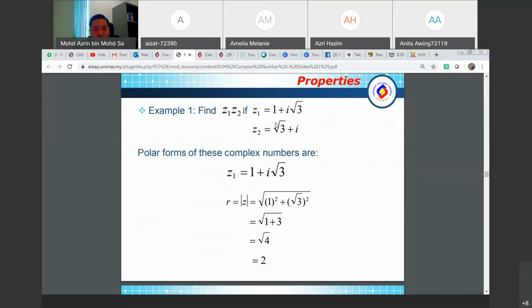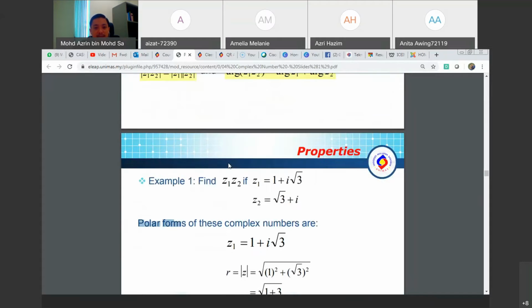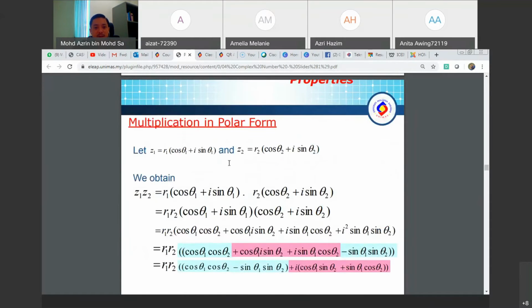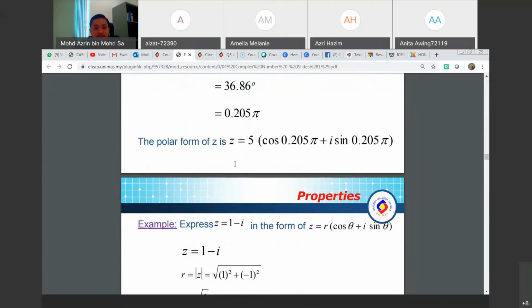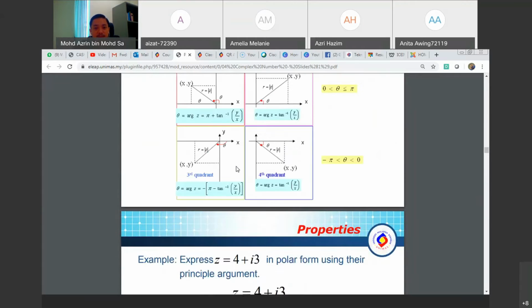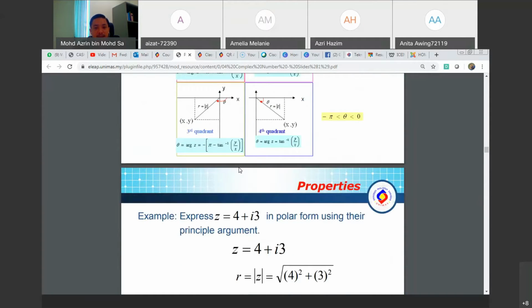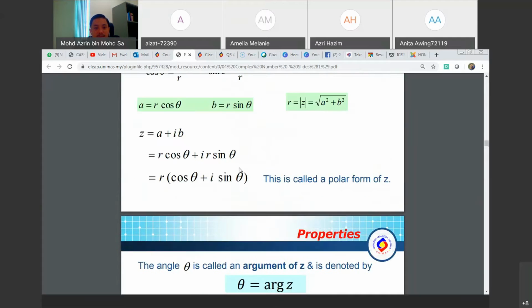So we need to change this complex number into the polar form, which is Z equal to R cos theta plus I sin theta. This is in polar form.